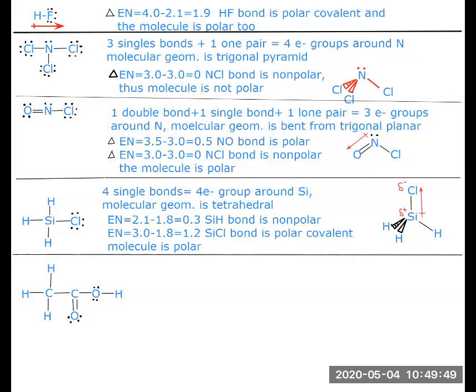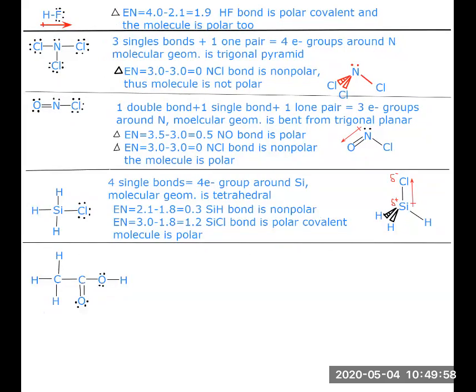So let's count the number of electron groups around that first carbon. That carbon is surrounded by 4 single bonds. So let's label it first C: 4 single bonds equals 4 electron groups.